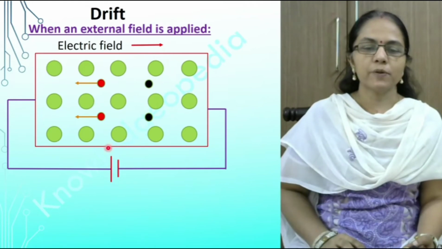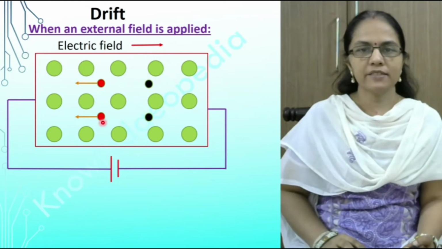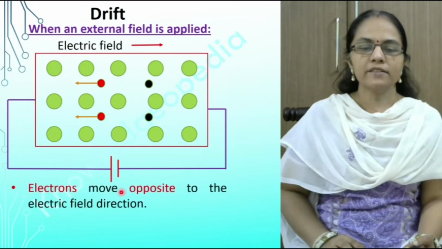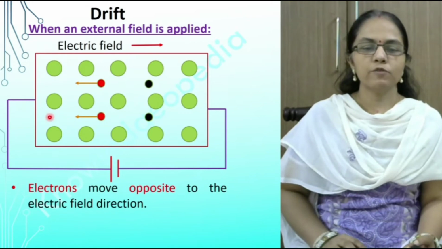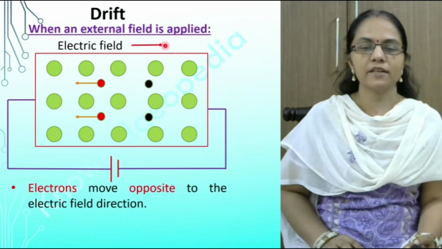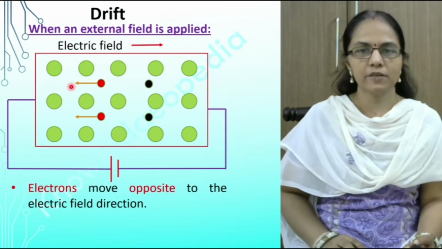So electrons move opposite to the electric field direction.